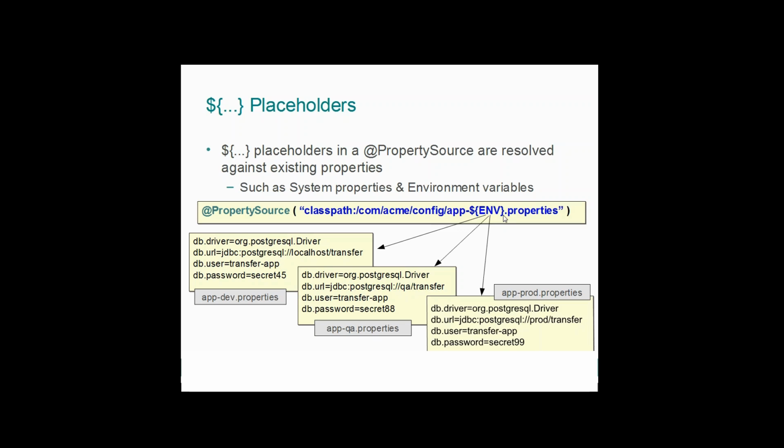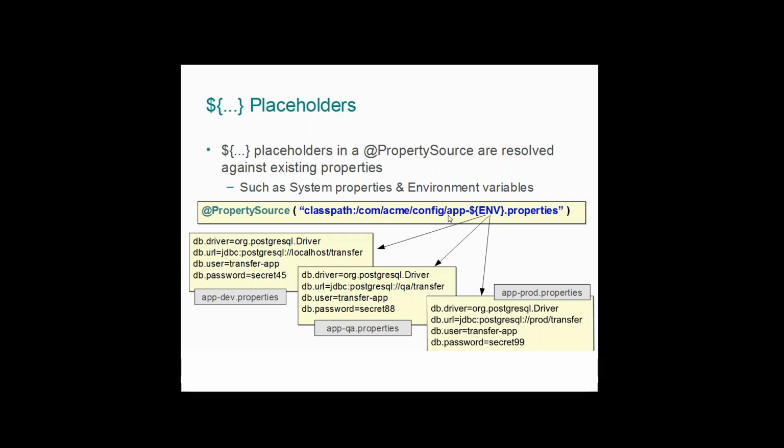Using this expression, it will be able to resolve it. So the dollar with the placeholder, this specific key, will be fetched from the environment variables, or it could be coming from the system properties, and that value will replace this first. The value could be env, holding either dev, qa, or prod, and that string will get replaced here.